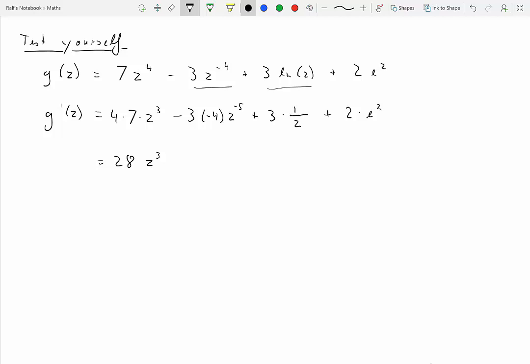And the rest is just some simplification: 28 times z to the 3 plus 12 times z to the negative 5 plus 3 times z to the negative 1 plus 2 times e to the z.